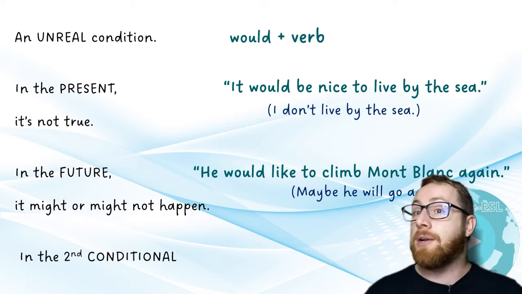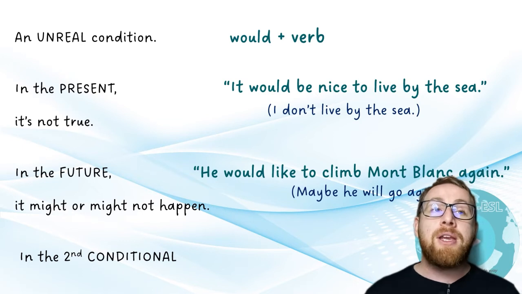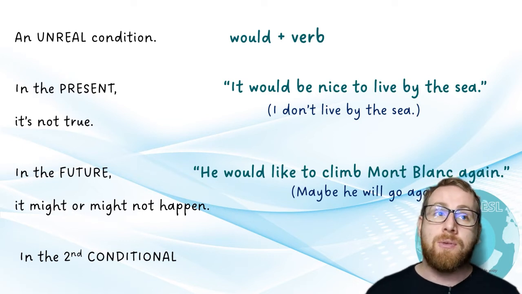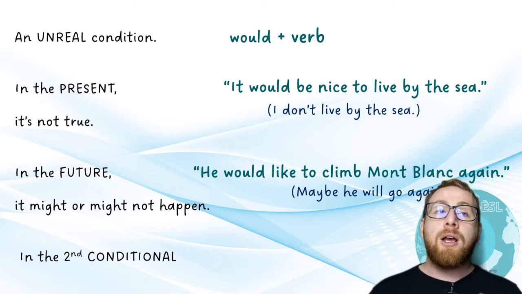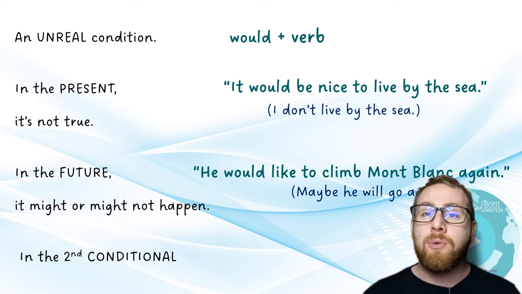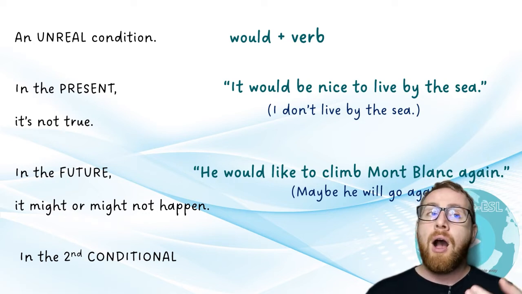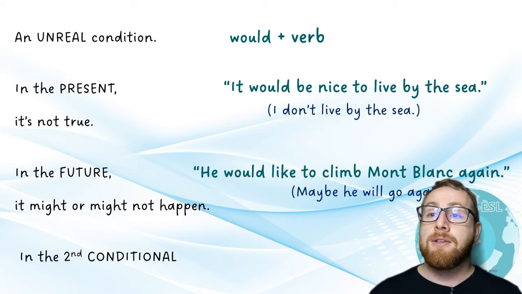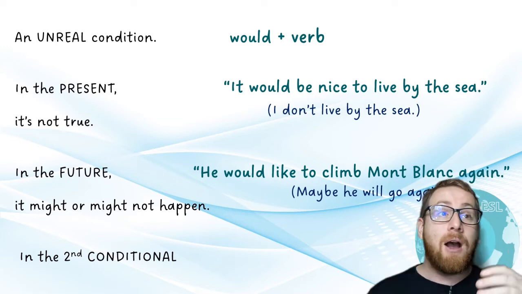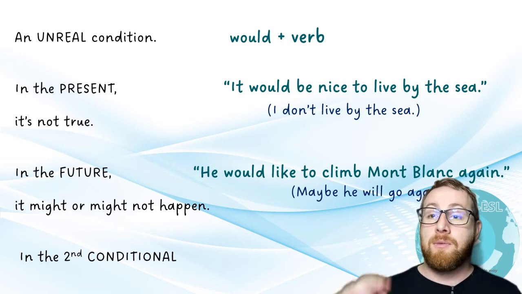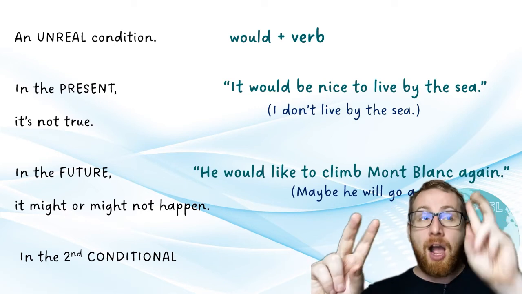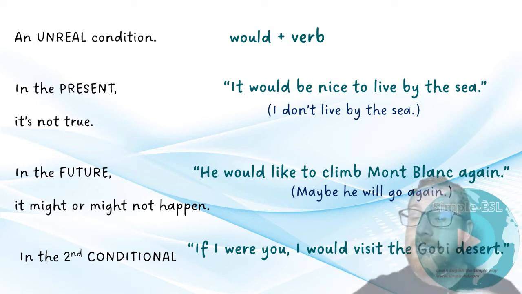It's in the future. And we can use a second conditional. So I used one earlier. If I were you, I would do this. So the first conditional, if I were you. Second conditional, I would. So once I'm you, I would then do this thing.